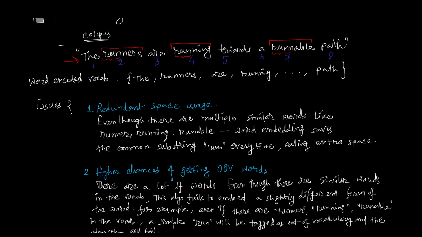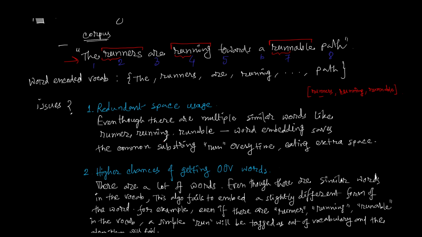In case of word tokenization, the vocabulary that we will be creating will have all these words like runners, running, runnable.